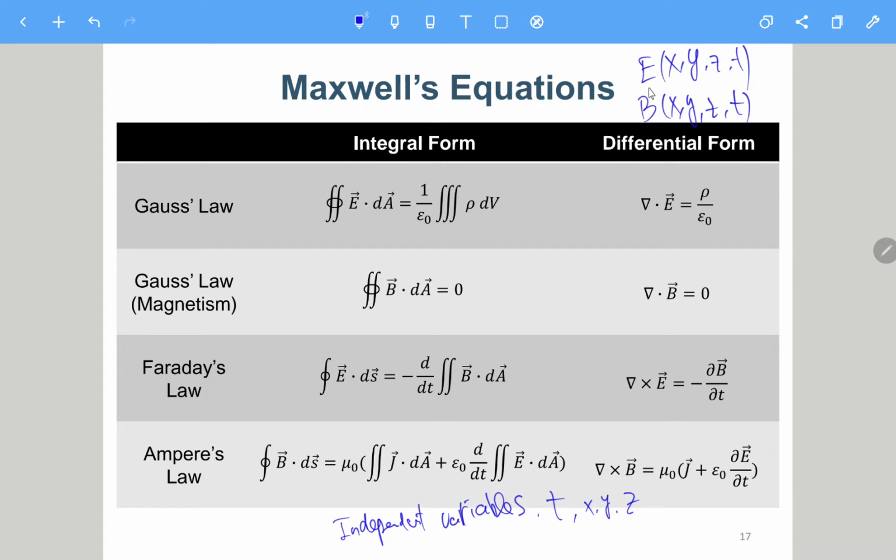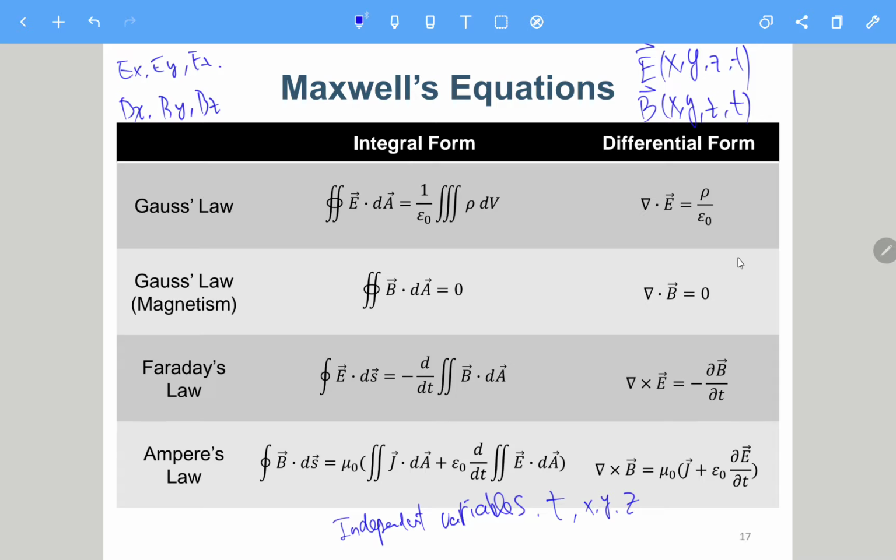So E and B are functions of x, y, z, t. E has different components: it can point in the x, y, or z direction, and likewise the B field. So there are six unknowns in Cartesian coordinates: Ex, Ey, Ez, and Bx, By, Bz.